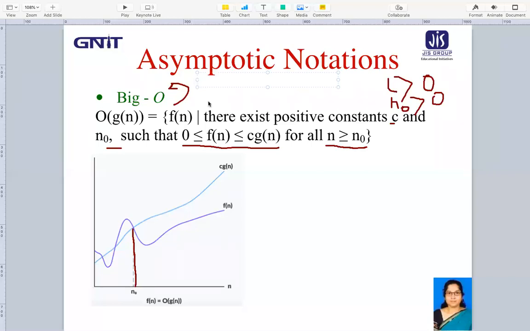Big O is known as the tight bound because whatever happens, f(n) will never cross c·g(n) after n0. Now, what is this part? So this is the input size.